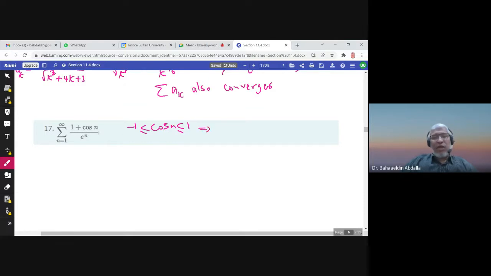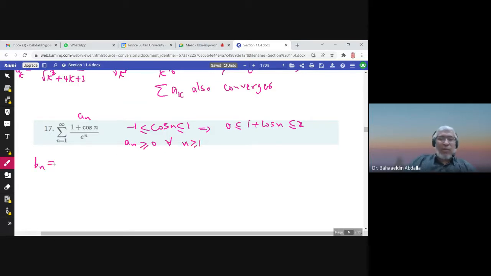But he added 1, so 1 minus 1 is 0. So 1 plus cosine n is between 0 and 2, which means 1 plus cosine n is positive, so an is positive for all n greater than or equal to 1.